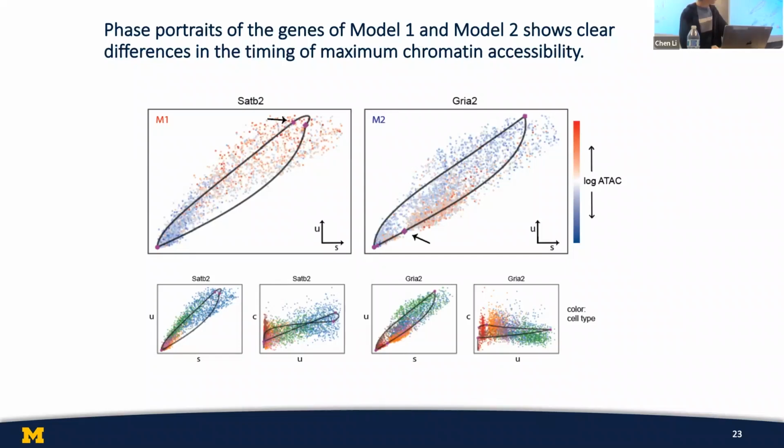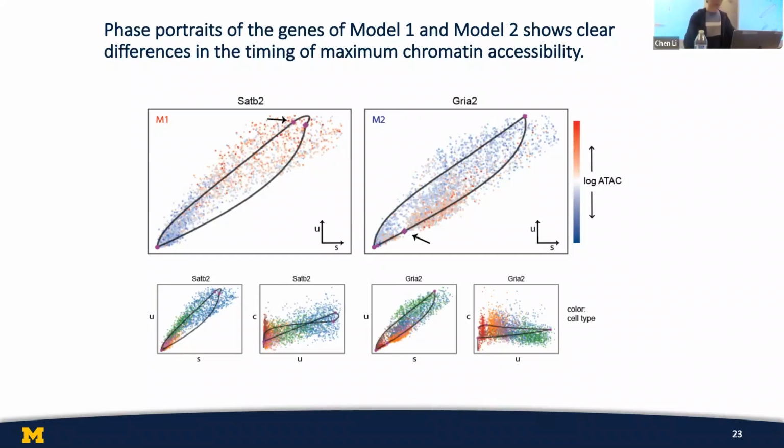But for model 2, the color here is the chromatin accessibility. We can see that the chromatin closing time prediction is very accurate. It is just inside the highest chromatin accessibility region. This is also true for GRIA2, where the chromatin closing point is accurately modeled within the highest chromatin accessibility region.